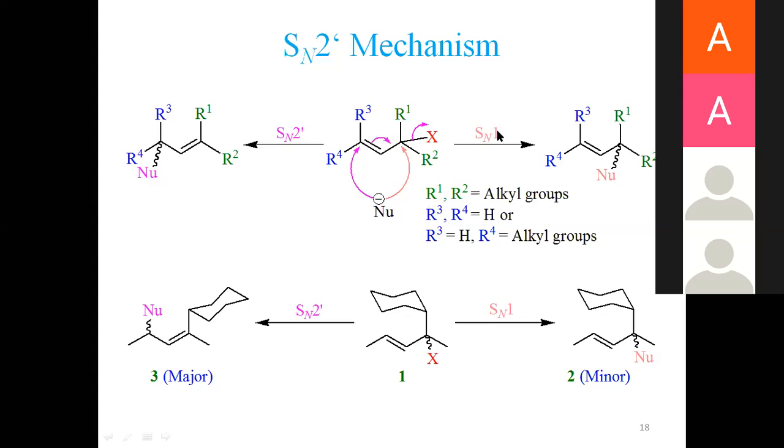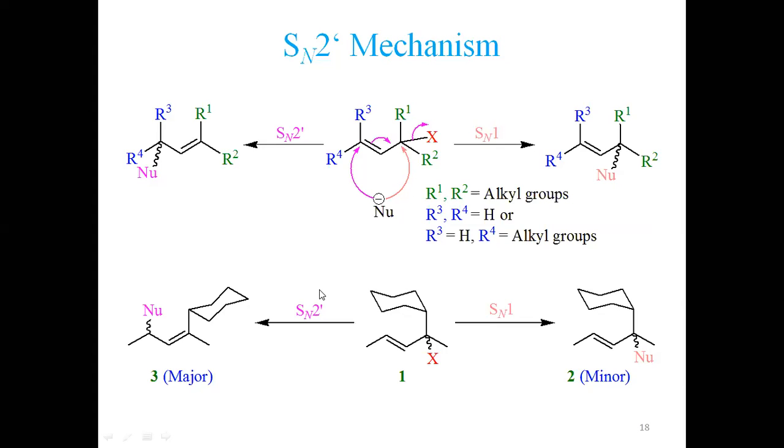But look at the substrate. It is very interesting to notice that if this carbocation is stable, this is a tertiary carbocation, no doubt SN1 shall dominate. But let's say R3 and R4 are hydrogen. If this X group leaves, this carbon becomes positively charged.